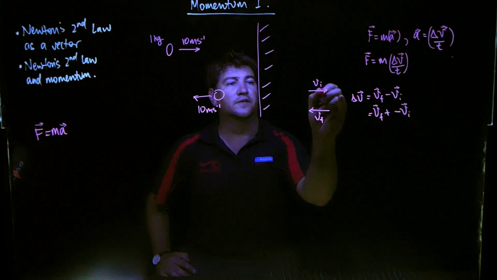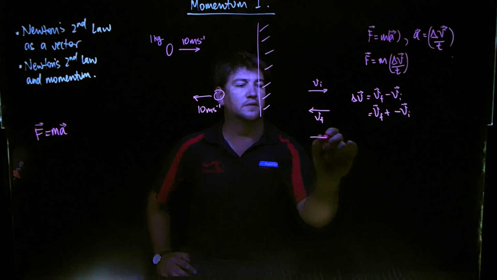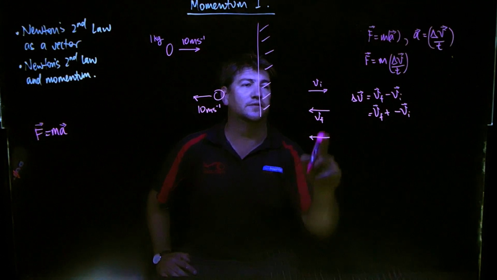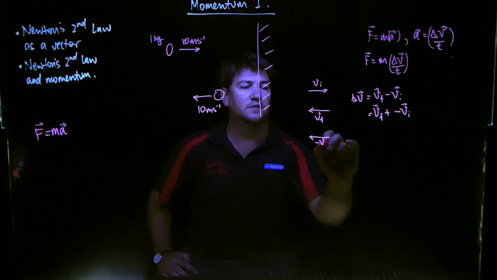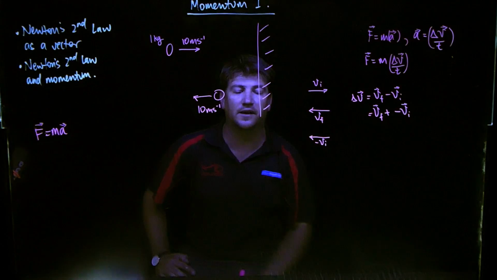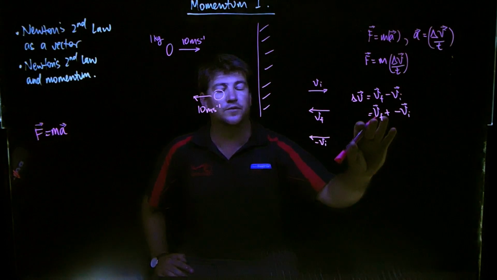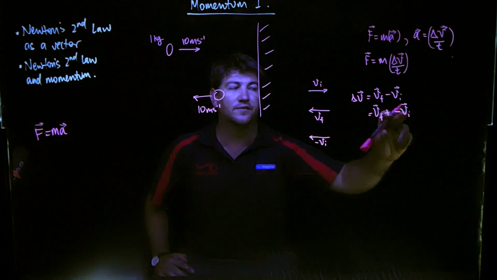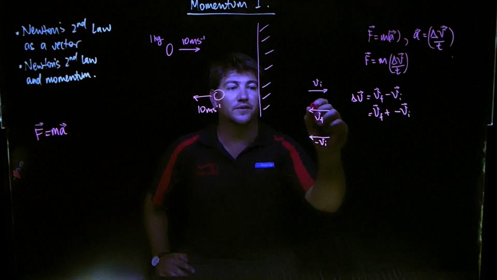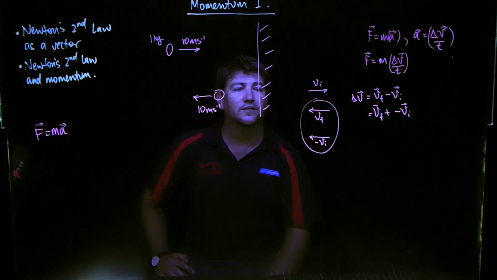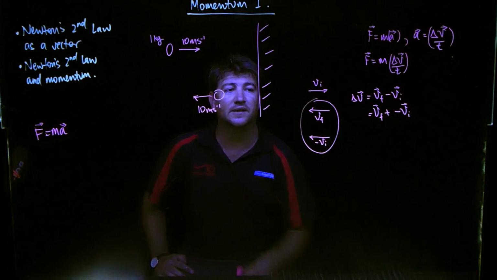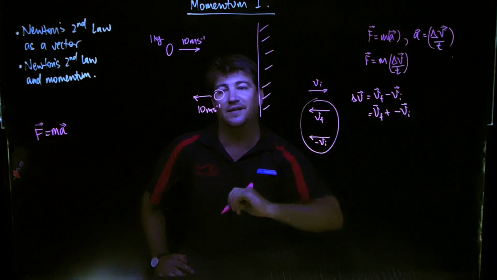So if this is VI, what are we doing? Same length line, opposite direction is negative VI. So now when we're doing VF plus the negative of VI, what we're really doing is just adding these two together. So what's our change now? This is 10 to the left, this is 10 to the left.